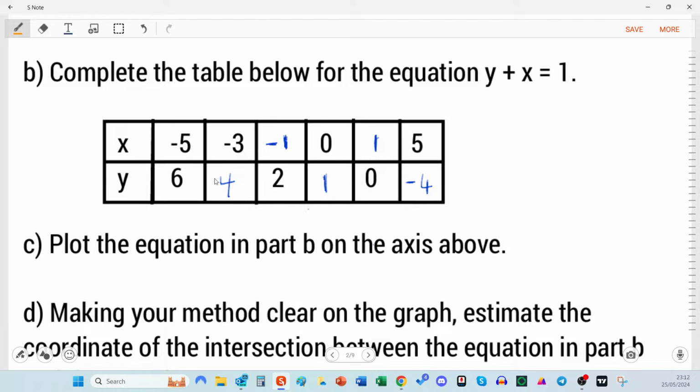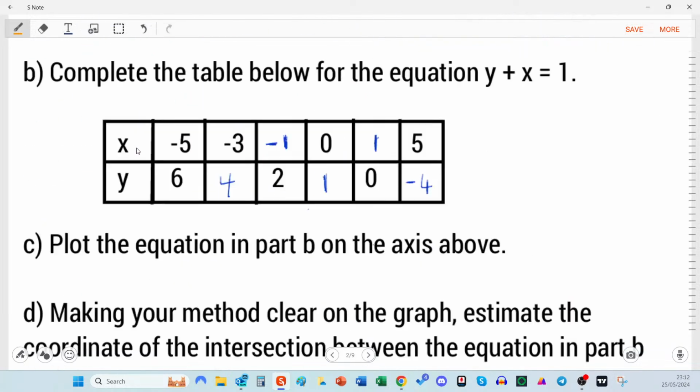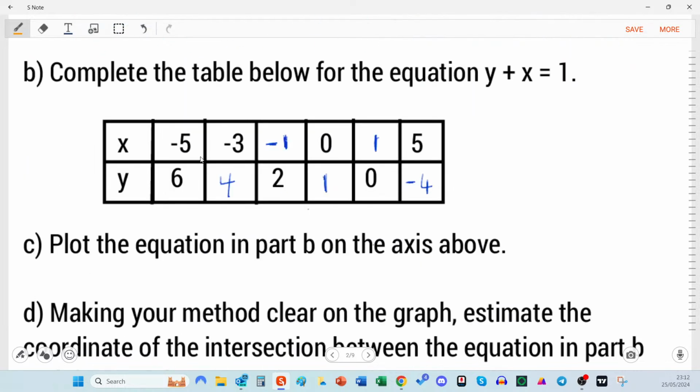First one, minus 5, 6. Minus 5, 1, 2, 3, 4, 5, 6. Minus 3, 4. Minus 1, 2.